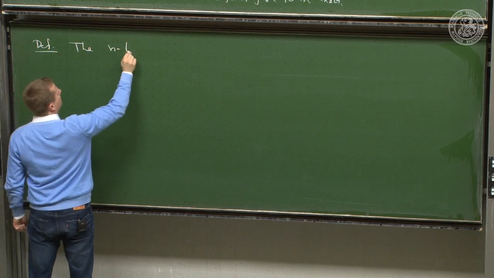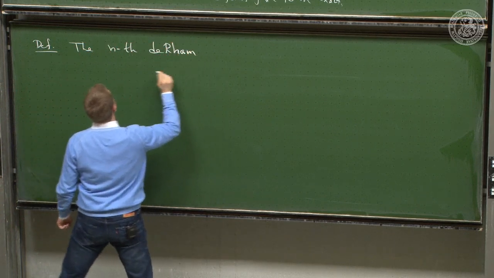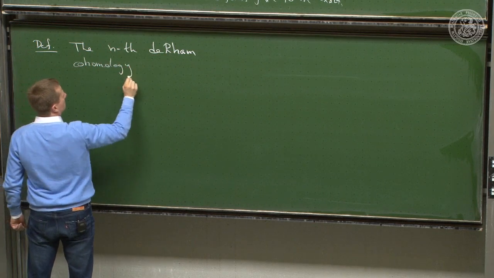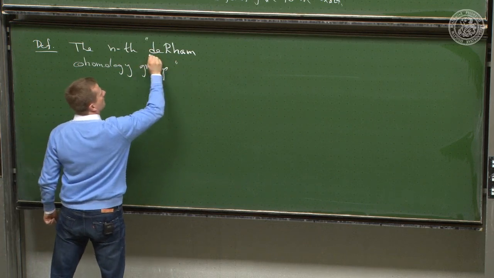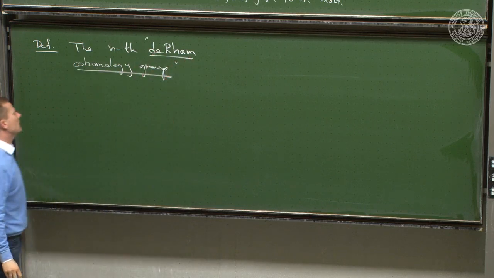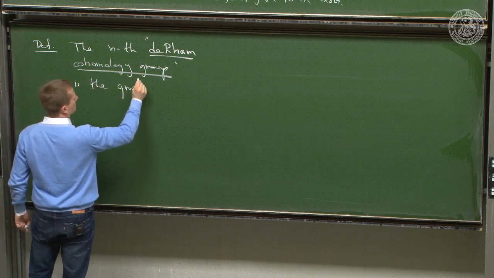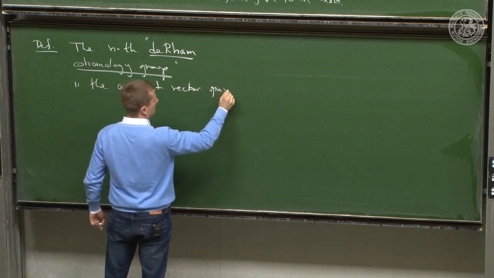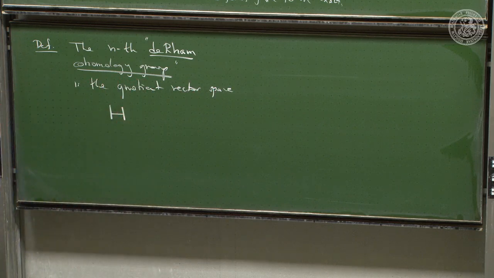The nth de Rham cohomology group is the quotient vector space with the nice name H, like homology.